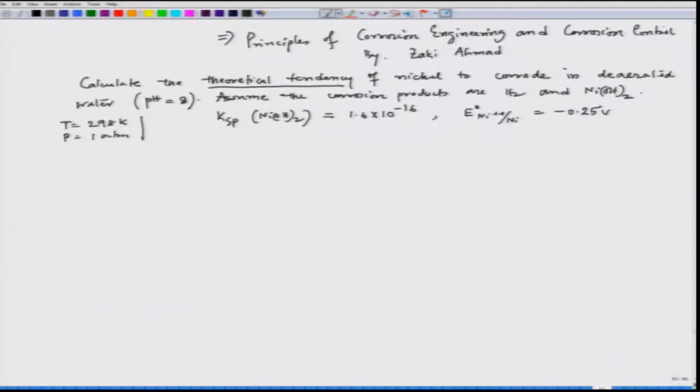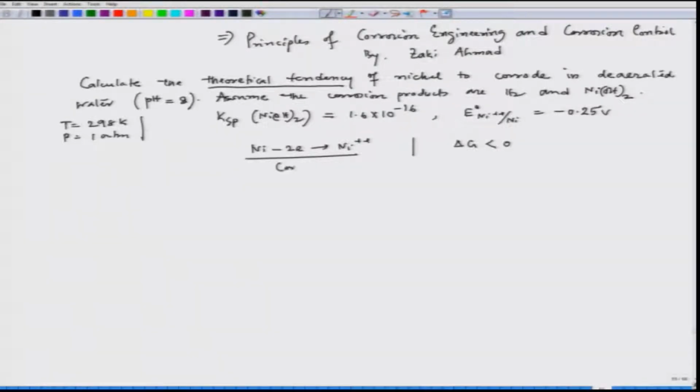Whenever we are talking about theoretical tendency, we first consider that nickel is corroding. So, Ni goes to Ni2+ plus 2e, this reaction is taking place. Then we have to find delta G0 for the entire system, and if it is less than 0, we would say that the nickel corrosion is spontaneous.